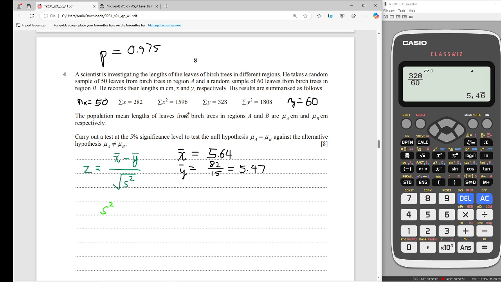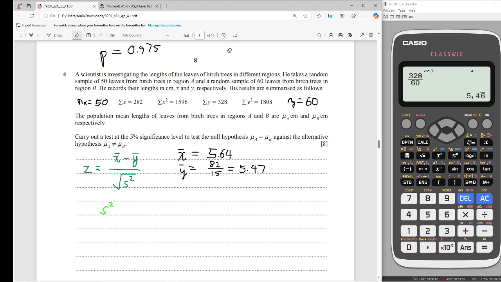There is no need to use pooled variance, as you may have seen in some questions like this, because the population variances are not assumed to be equal. So we use the normal S2 formula, which is S2x divided by number of terms of x plus S2y divided by number of terms of y.